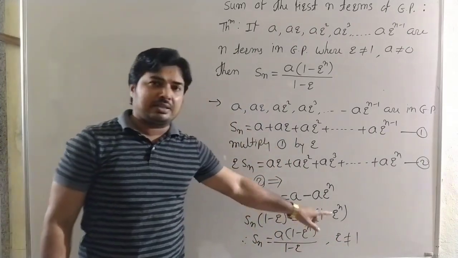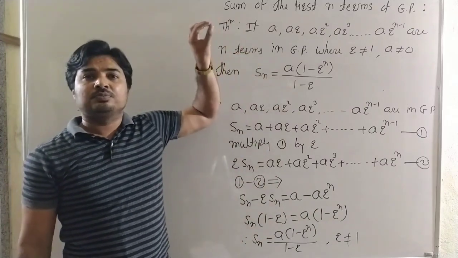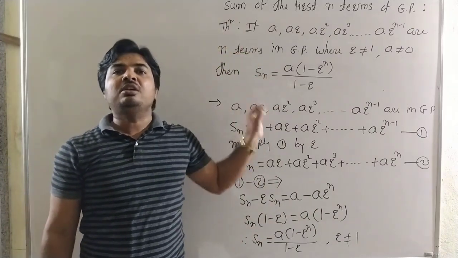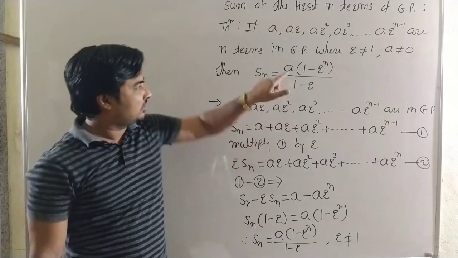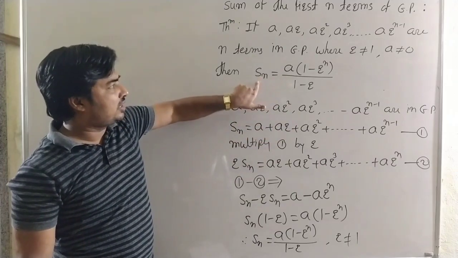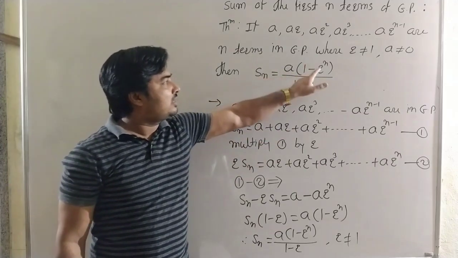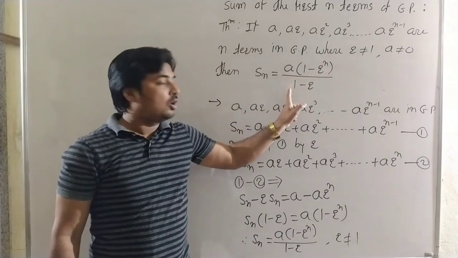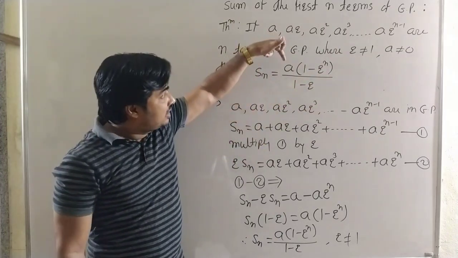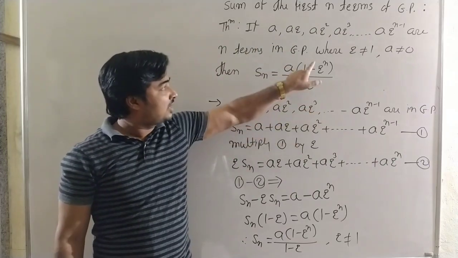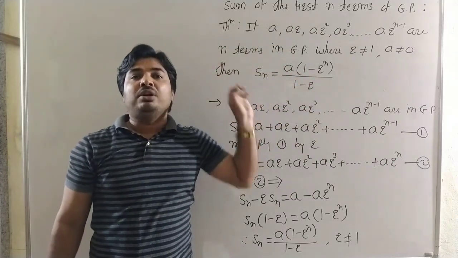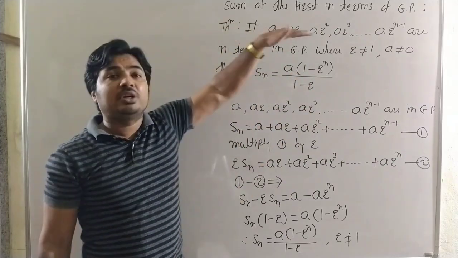We divide by 1 minus R, and here it is the formula for the sum of the first n terms in a geometric progression. See carefully this formula. Sn is equal to A into 1 minus R to the power n upon 1 minus R, where A is the first term and R is the common ratio of a geometric progression.